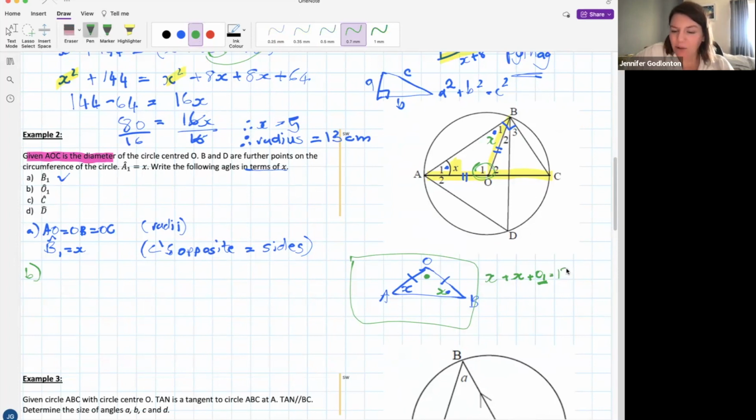So I want O1 to be the subject of my formula. I want it to be the only thing I have left on the left-hand side. What would that look like? What can I do with those x's? That might help.